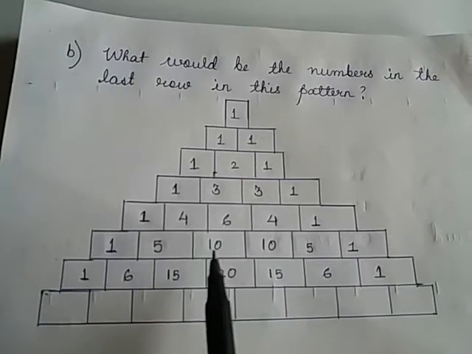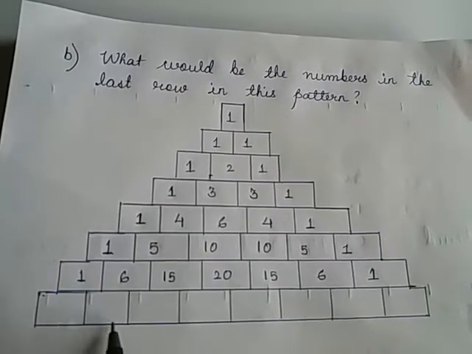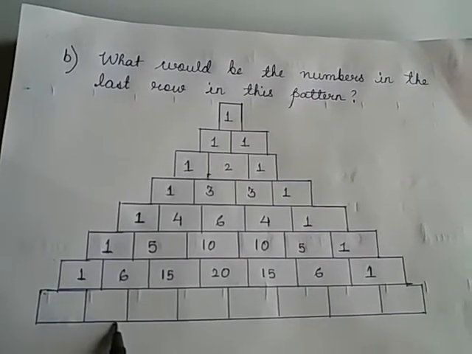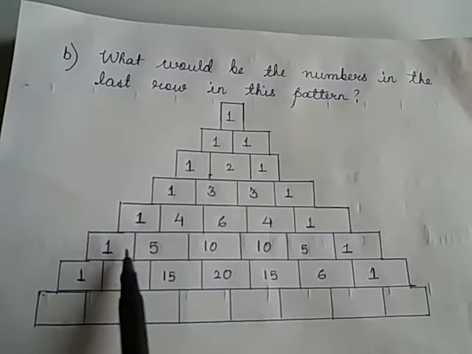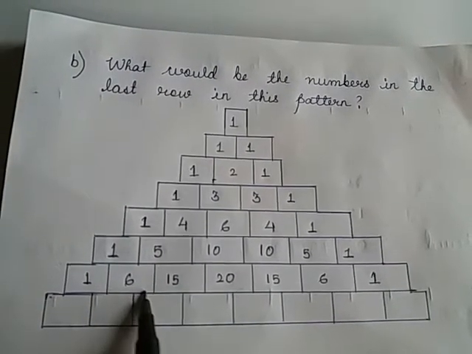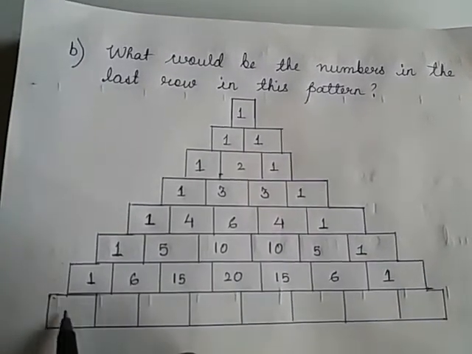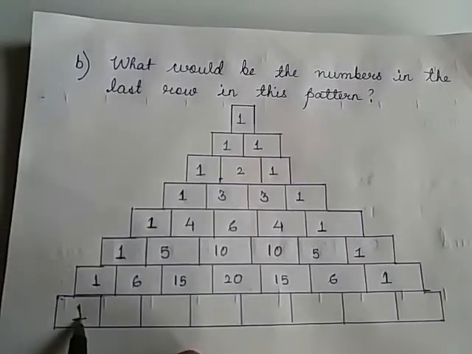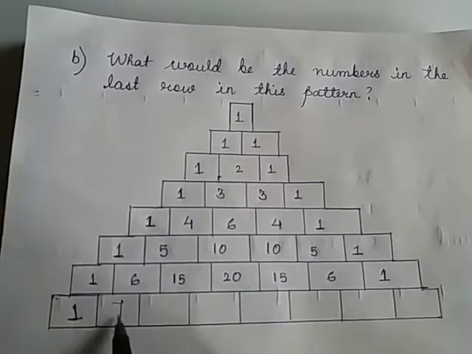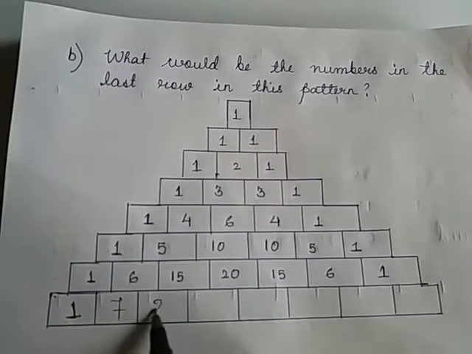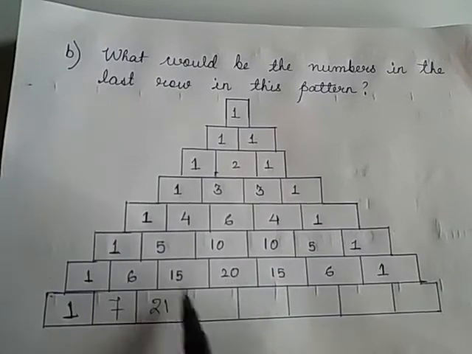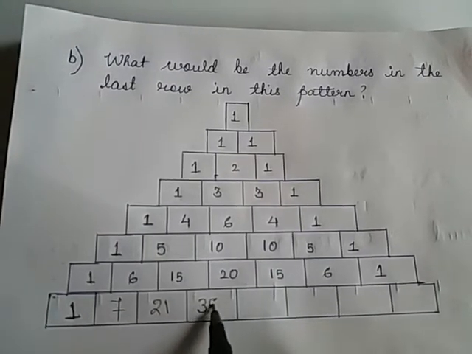So this way, the number in each square is the sum of the numbers in the two squares above. The last row will then have 0 plus 1, which is 1. 6 plus 1 is 7. 15 plus 6 is 21. 20 plus 15 is 35.